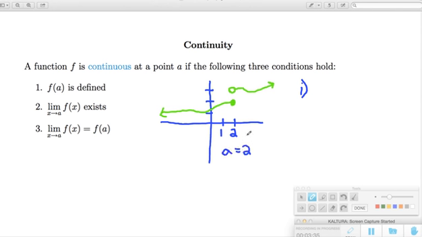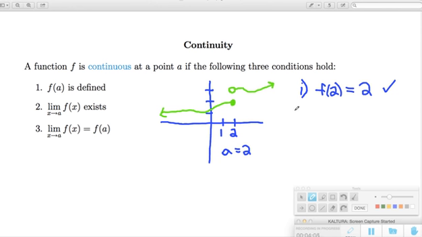That's where we're most concerned about whether or not this is a continuous function. Well, the first question says, is it defined? Well, f at 2 is defined, and if you look at the graph, it's equal to a y value of 2. So the first condition is satisfied. There is actually a defined function value at a equals 2.